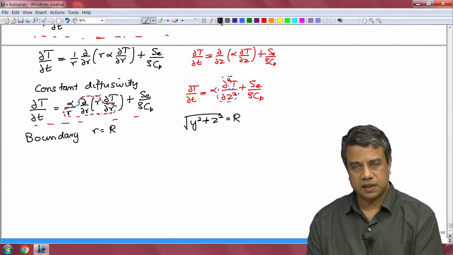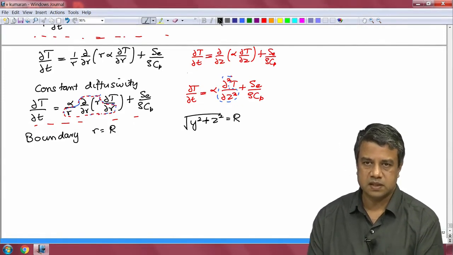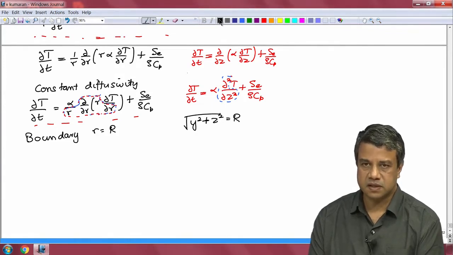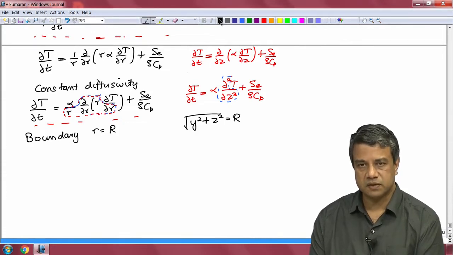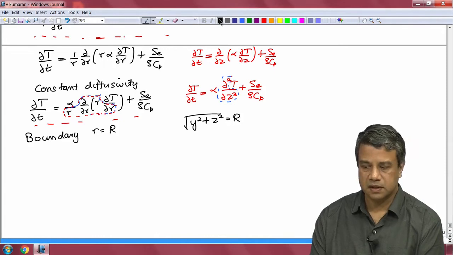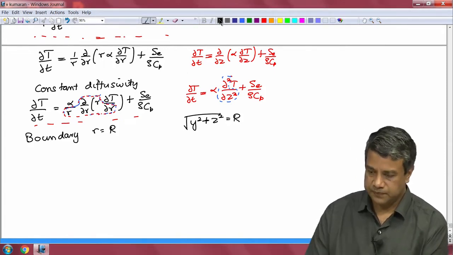This equation can be derived also for mass transport. In that case, I will have the concentration instead of rho Cp T, the mass diffusion coefficient D instead of the thermal diffusion coefficient, and the mass source S instead of the energy source.